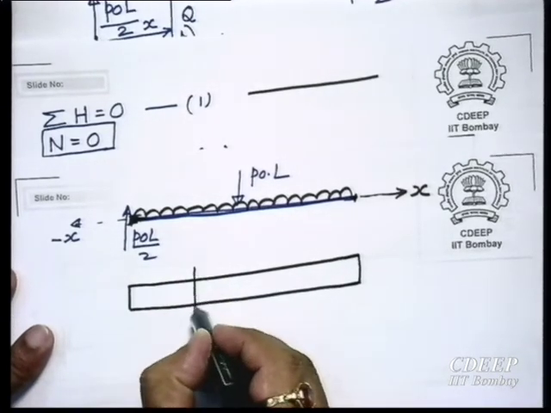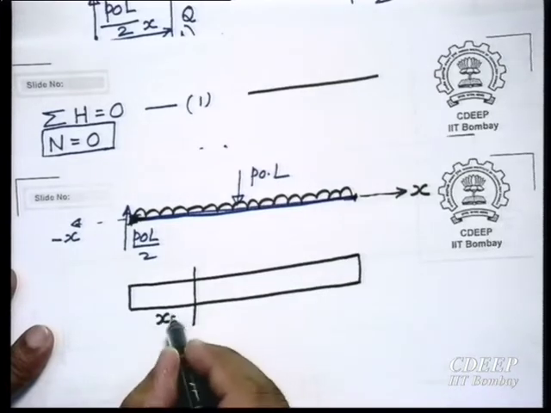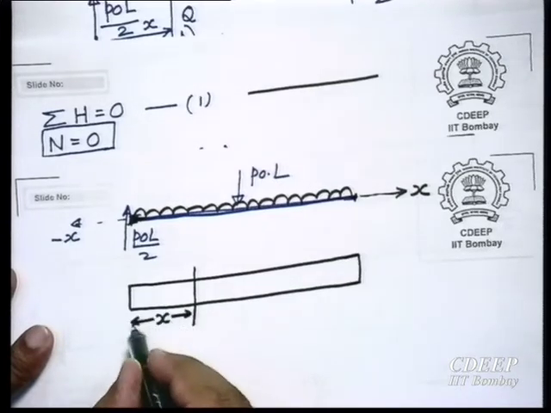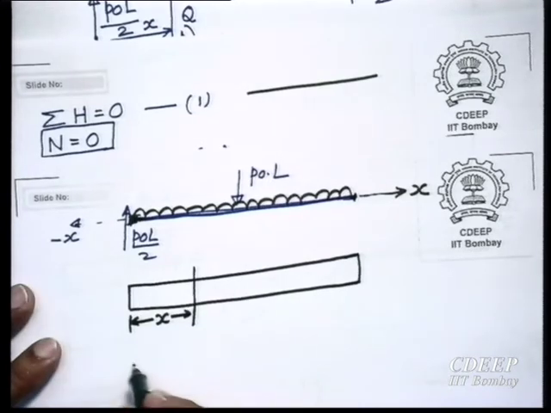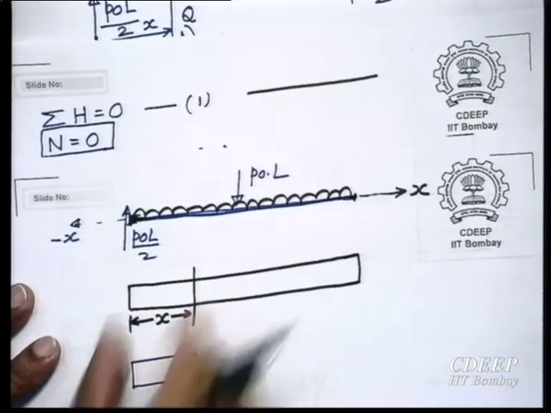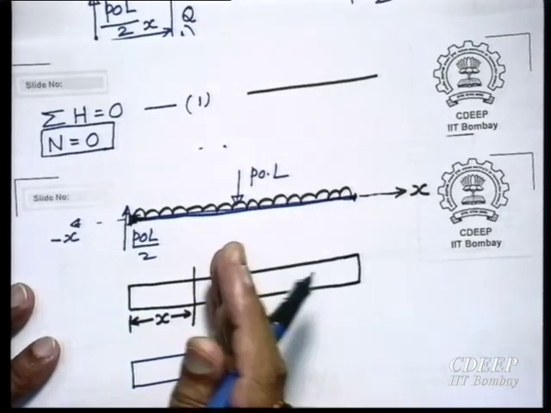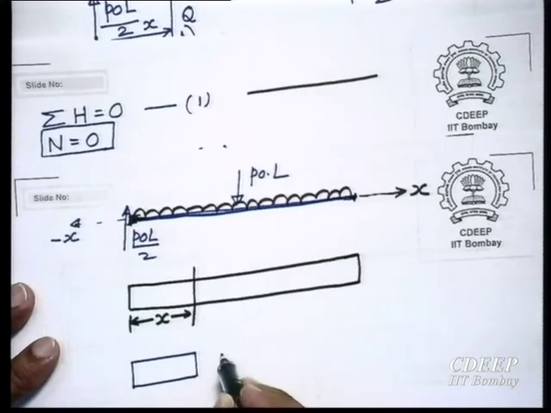I am drawing a free body diagram of left and right separately. So, this is the up to x, and now I am displacing the right hand side slightly over here just to make matters clear.